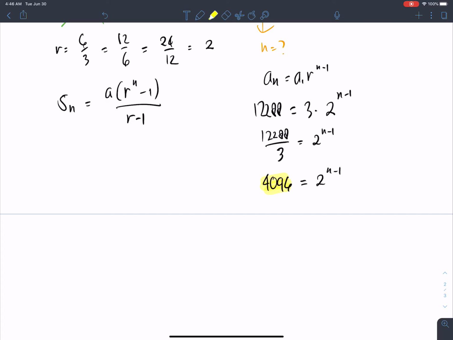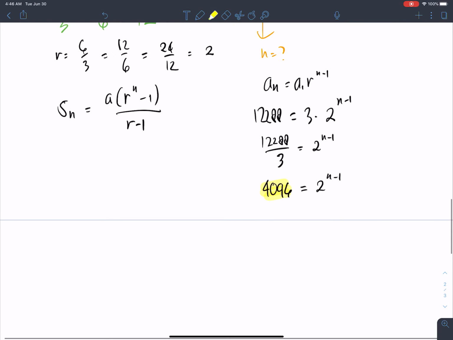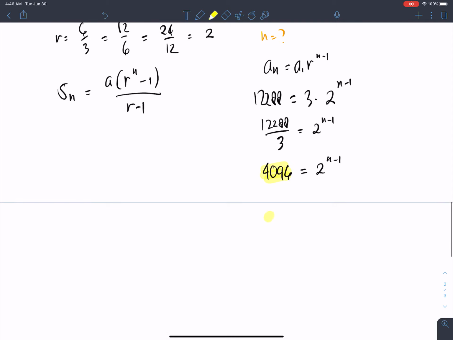Okay, so I have this as 2 to the power of 12. So 2^(n-1) equals 2 to the power of 12, then this is base 2. So now we get that 12 is equal to n minus 1.